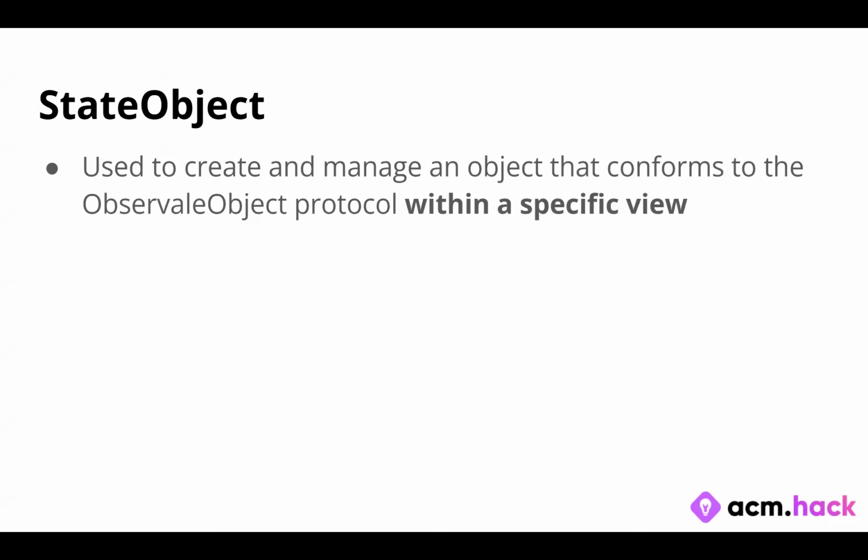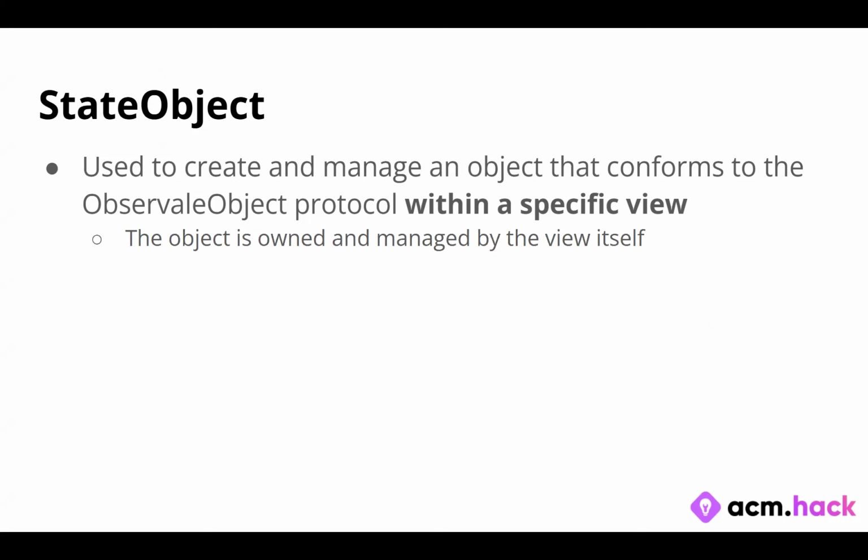State objects are also very similar. They're kind of an in-between of the state variables themselves and the ObservedObject property wrapper. It's used to create and manage an observable object like before, but this time it's specifically within a certain view.